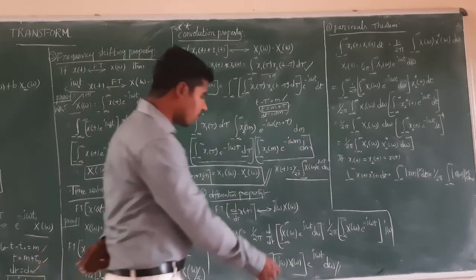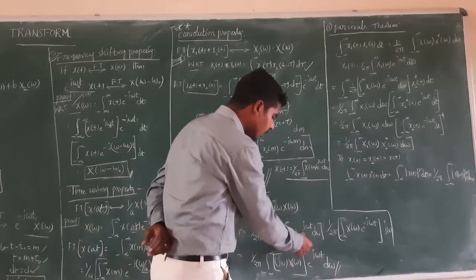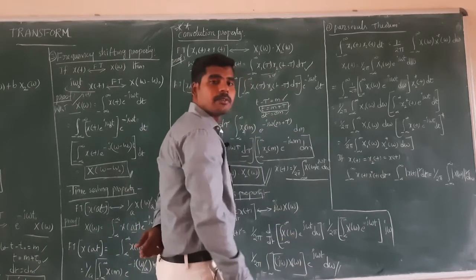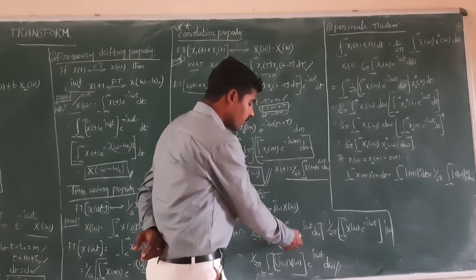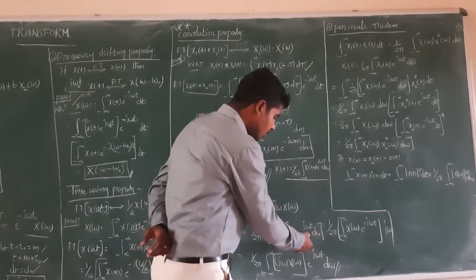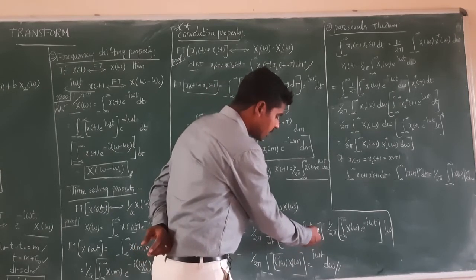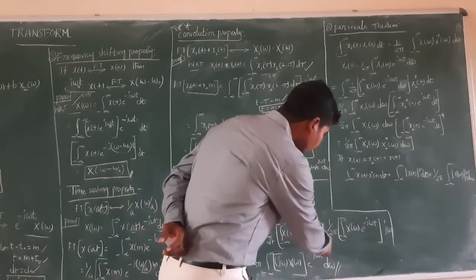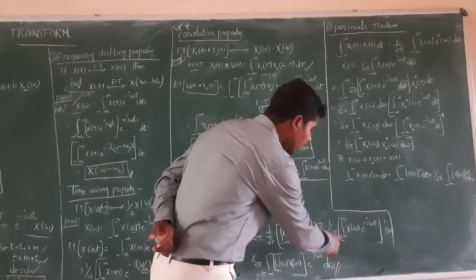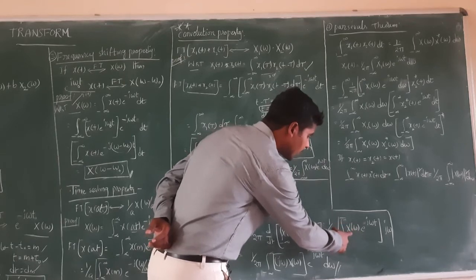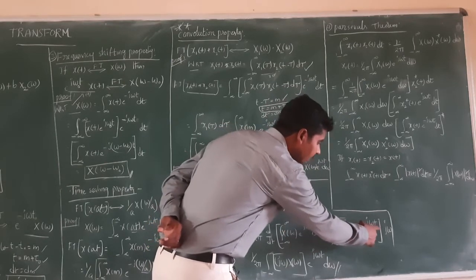Now you have to perform the differentiation with respect to t. X of omega is a constant because it is in terms of omega. Now you only have to differentiate the e power j omega t. Now it is equal to 1 by 2 pi integral from minus infinity to infinity X of omega e power j omega t into j omega.